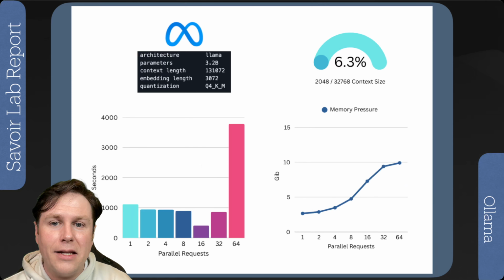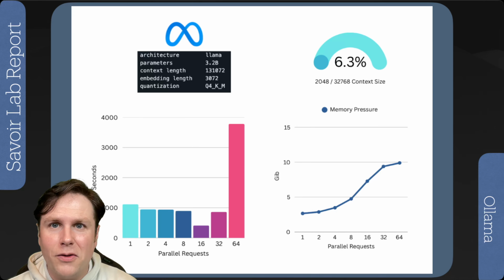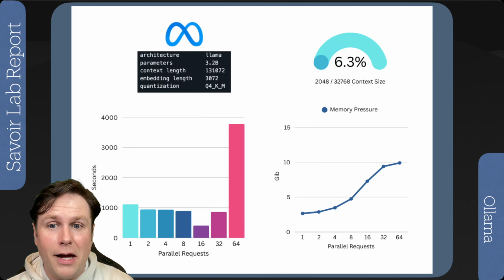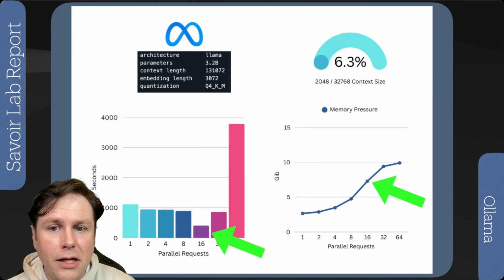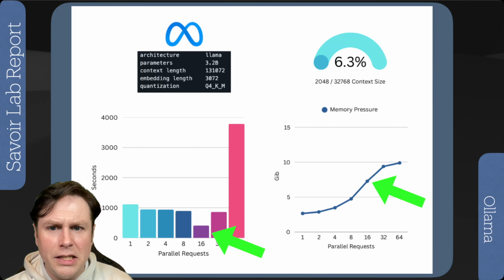Let's take a look at the Meta Llama model. This is a 3.2B model. When we were running through our tests, we found again that 16 runners was the sweet spot. It still had memory headroom such that there was plenty of space for all of its contexts.